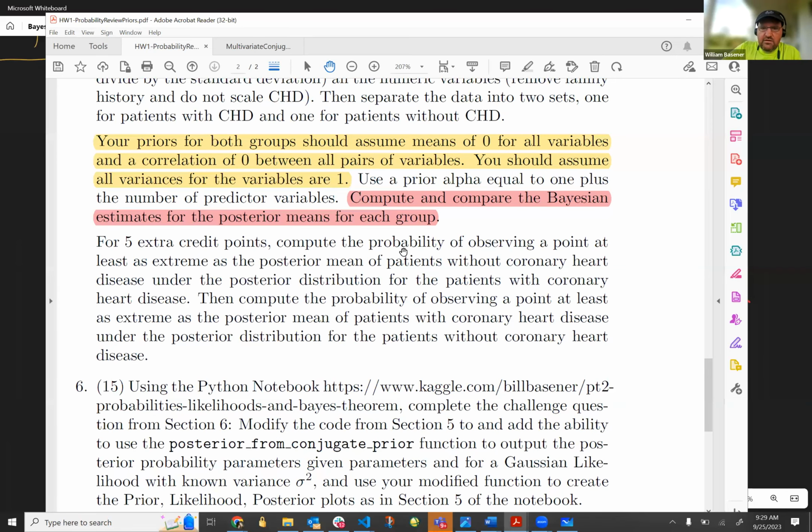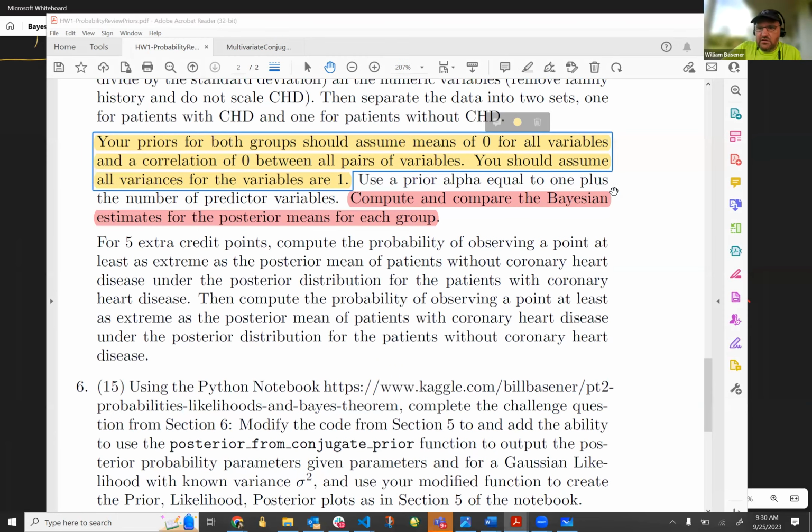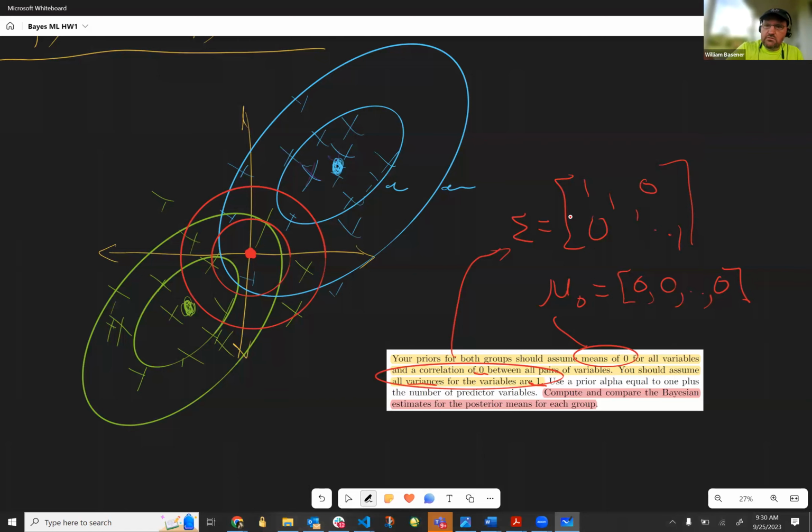Let's go back here. And okay, so that explains the yellow we've used. We've talked about that. That gives us a mean of 0 for our prior and a tau that's going to be this. And just to note, for this covariance matrix, we have tau, which is the covariance matrix inverse.